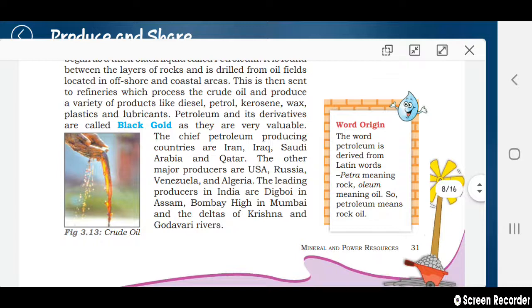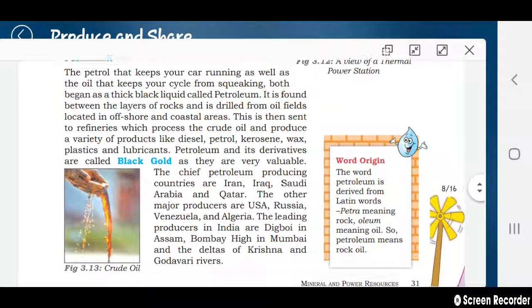The chief petroleum producing countries in the world are Iran, Iraq, Saudi Arabia and Qatar. Other major producers are USA, Russia, Venezuela and Algeria, and in India the leading producers are Digboy in Assam, Bombay High in Mumbai, and the deltas of the Krishna and Godavari rivers.